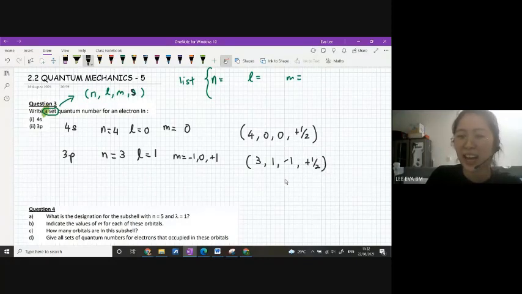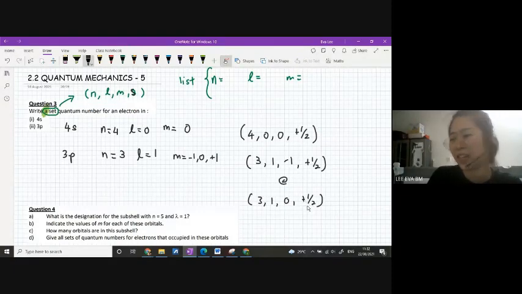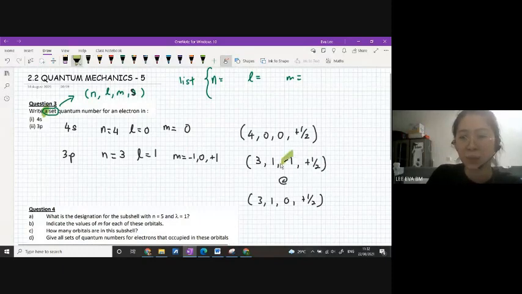Boleh juga. Ataupun madam nak letak 3, 1, 0, positive half. Pun boleh, tak ada masalah. So you can see in the answer I given, there is altogether 6 sets. You only give me one set. So the values over here, madam highlight kan positive, negative 1, 0 ataupun positive 1, semua boleh pakai. Positive half ataupun negative half pun boleh pakai.